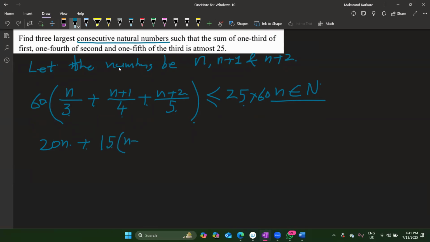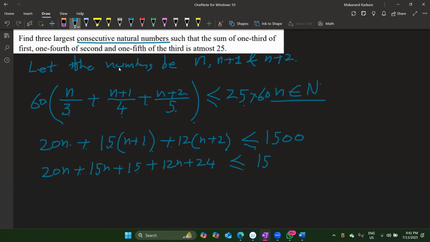So 15 times n plus 1 plus 60 upon 5 is 12. So 12 times n plus 2 is less than or equal to 1500. Open the brackets. So 20n plus 15n plus 15 plus 12n plus 24 is less than or equal to 1500.